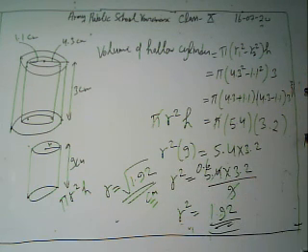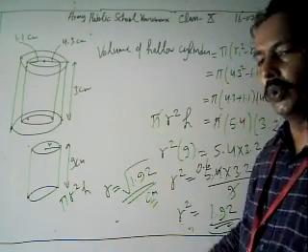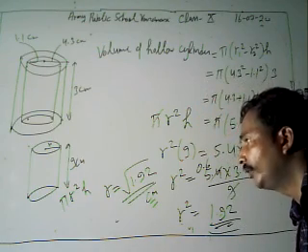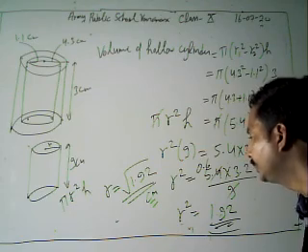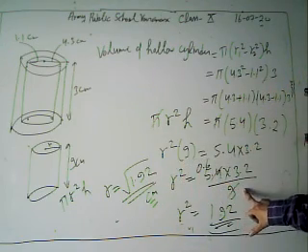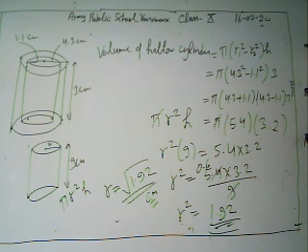In a cone we take the volume as 1 by 3 pi r square h, and then we have 1 by 3 here, so our value is multiplied by 3: 192 times 3 gives 576.